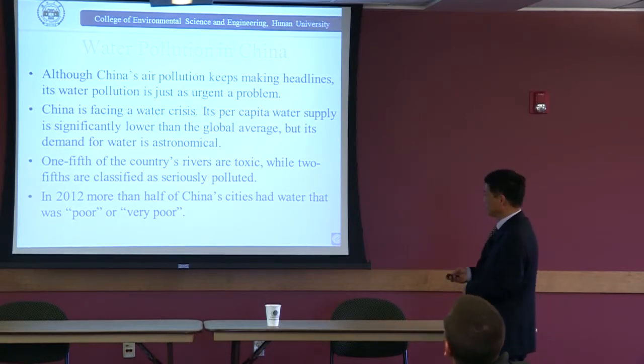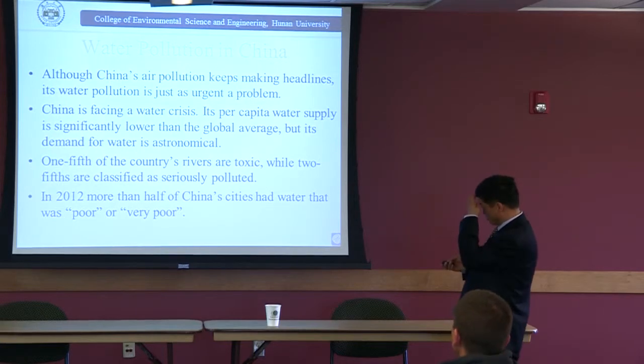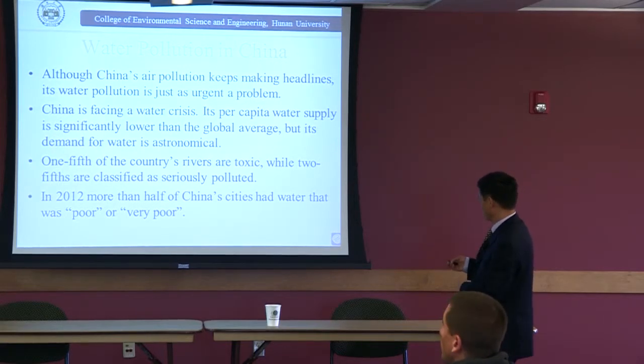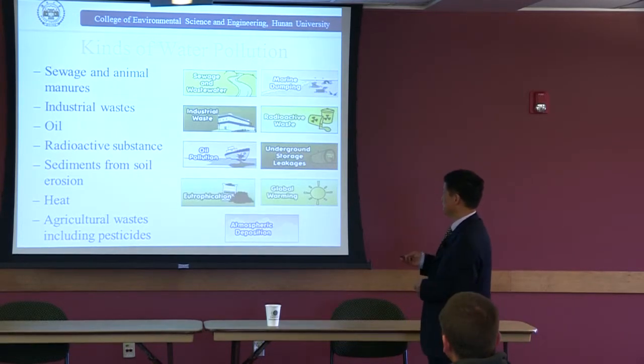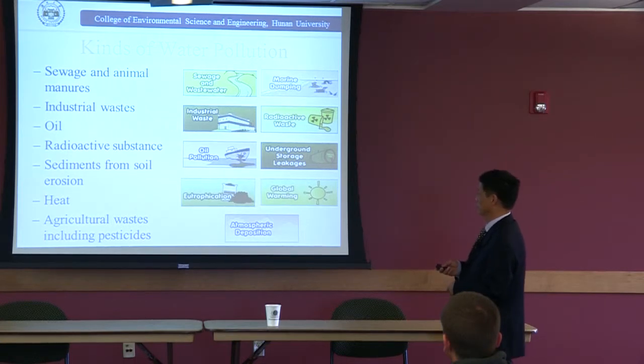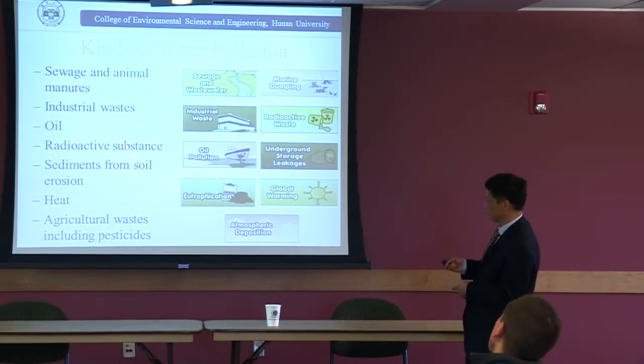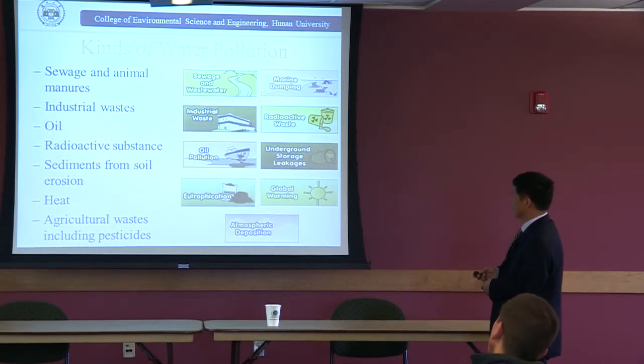In 2012, more than half of China's cities had water of poor or very poor quality. The main sources of pollution are sewage and animal manures, industrial waste, and this is another key point, agriculture waste, including pesticides. That's 1, 2, and 3, the most important issues about water pollution.